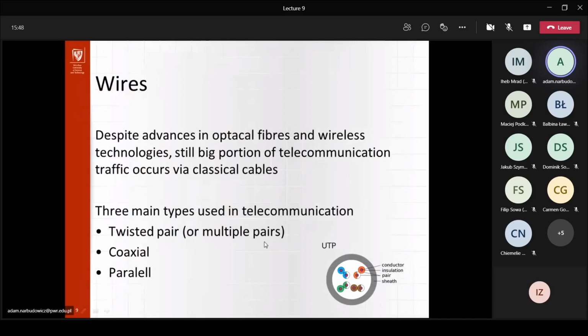That's a twisted pair or multiple pairs, we can have a coaxial cable, and parallel lines. So parallel lines might also include some forms of the PCB circuits that you use in your electronics.